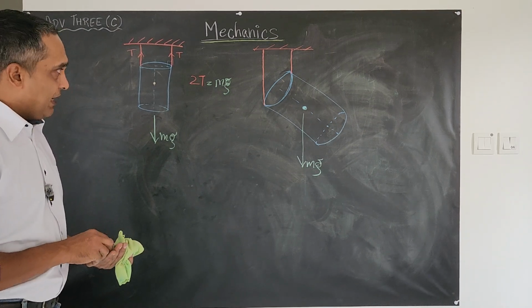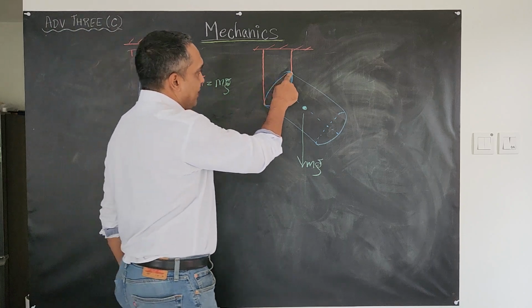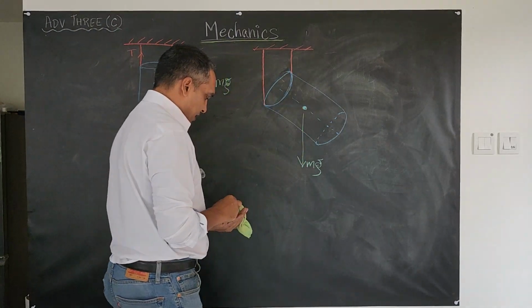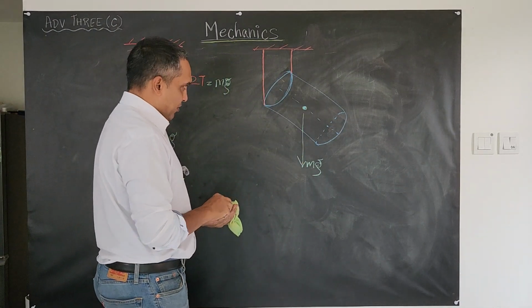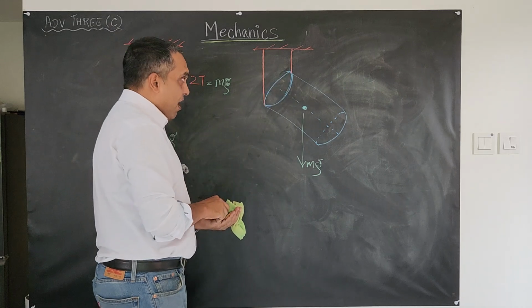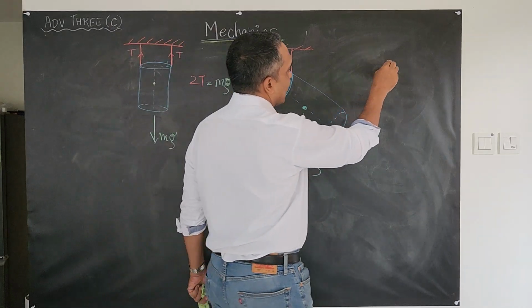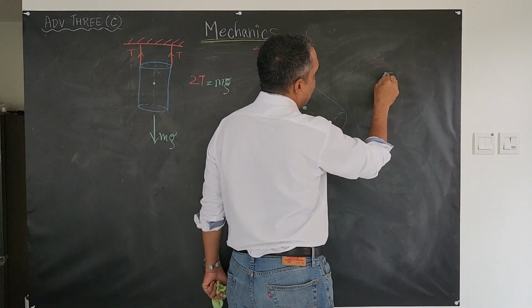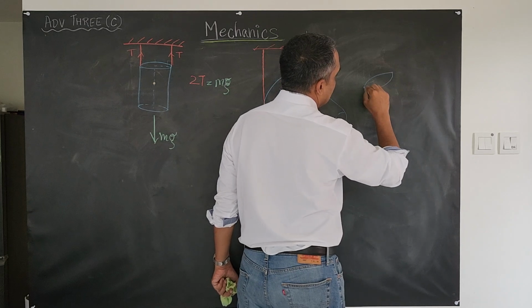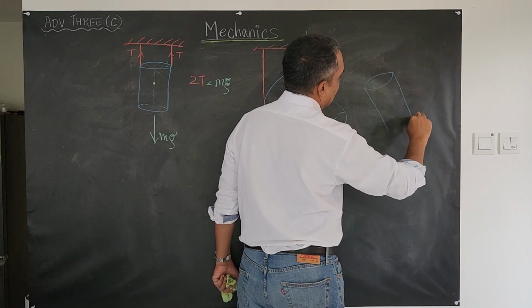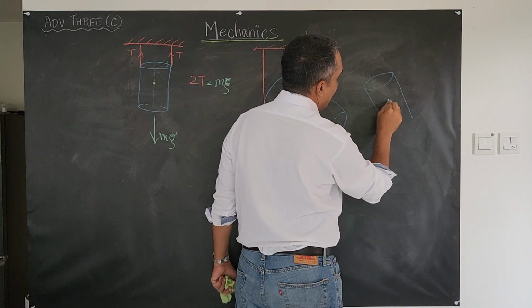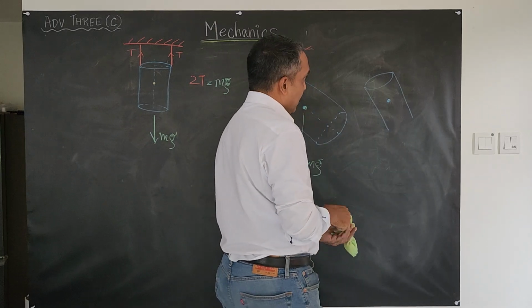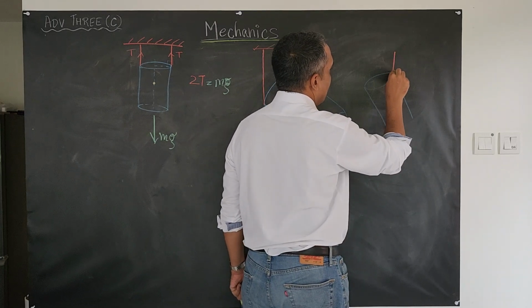So normally, if it was just a single pivot, or if it was just hung here, it would be quite safe to say that my cylinder has a center of mass here, and is hung up here.